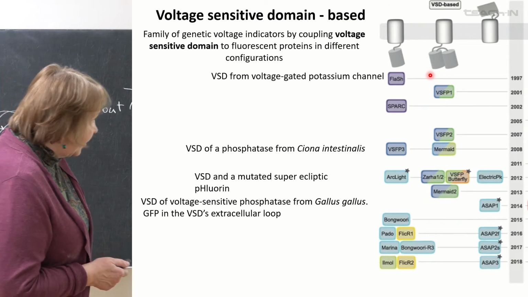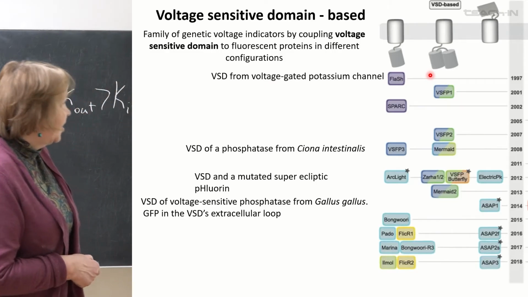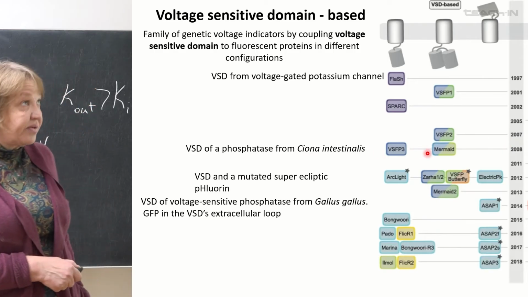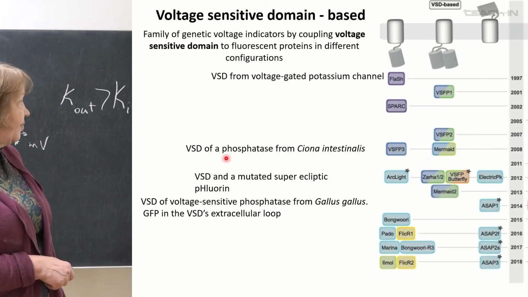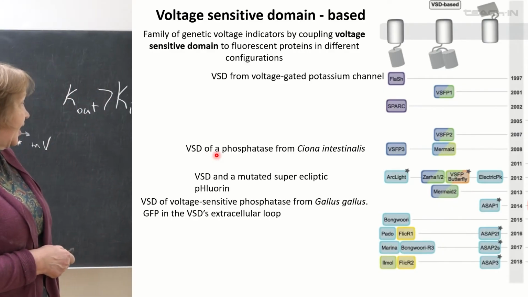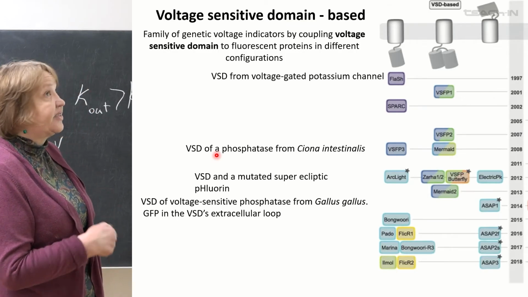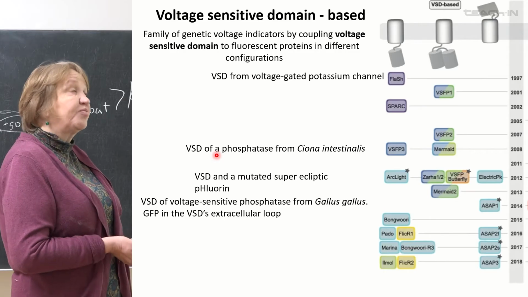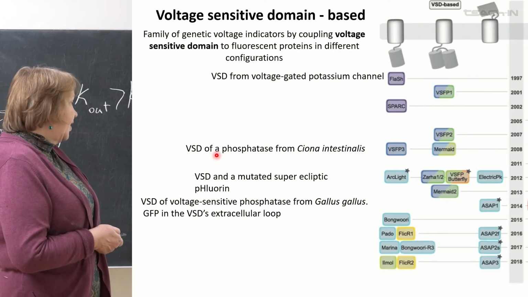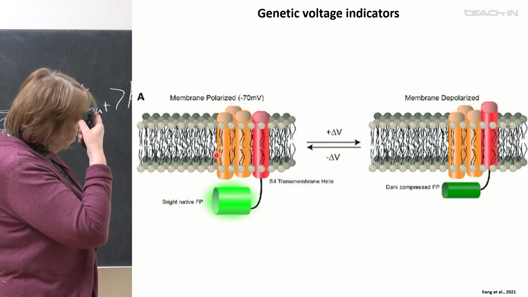They did this in '97, and then in the early 2000s they made another sensor from the voltage sensitive domain of a certain phosphatase, and then they worked on pHluorin, which is a pH sensitive GFP, but they mutated it to make it voltage sensitive, and so on.